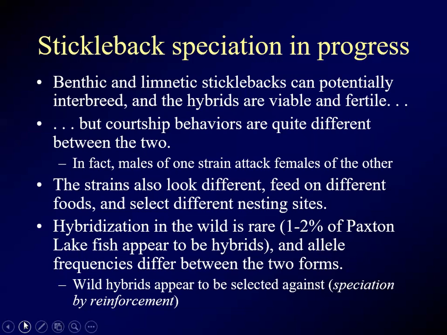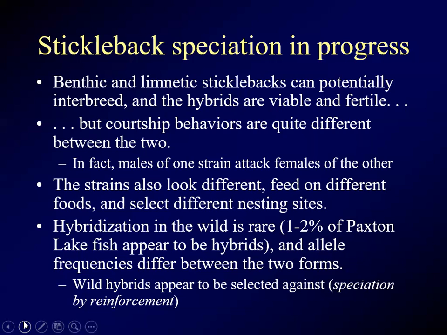Again, we might not have two obviously separate species yet. This is another one of those cases, but we do have two populations that are distinct from each other and partially reproductively isolated and rarely interbreeding, despite the fact that there is no physical boundary between them.